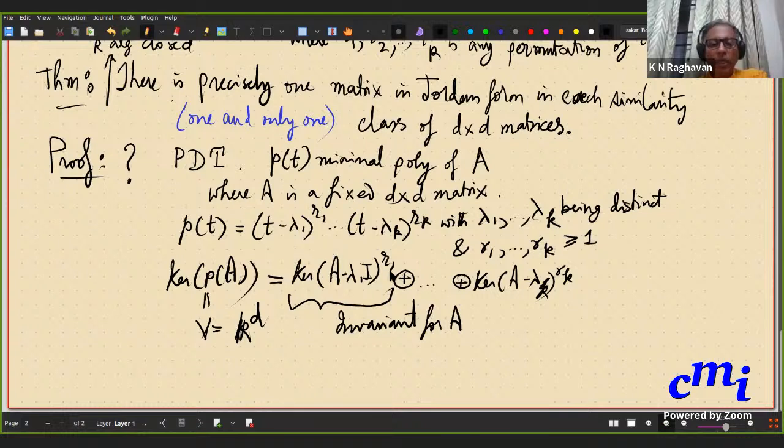So you can think of it as, when I restrict A to this subspace, I think of A as a linear operator on this subspace.